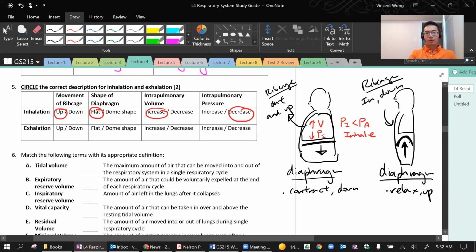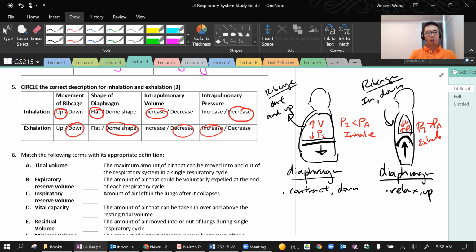So collectively, it compresses your lungs. It will drop the volume. It will increase the pressure. So when PI is greater than PA, you exhale. Okay, so down, dome shape, drop the volume, increase the pressure. That's what's happening when we are breathing.